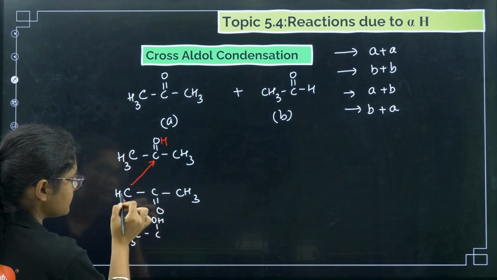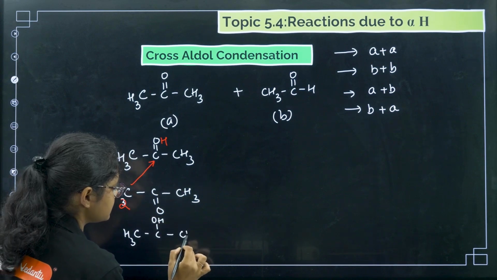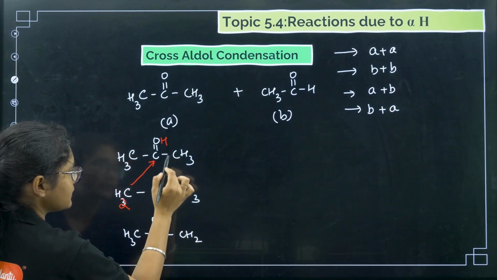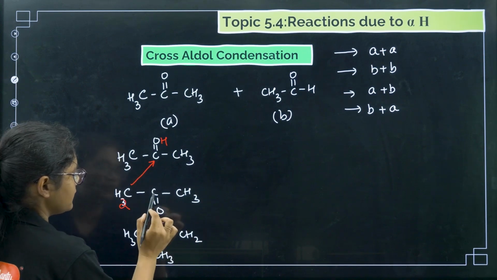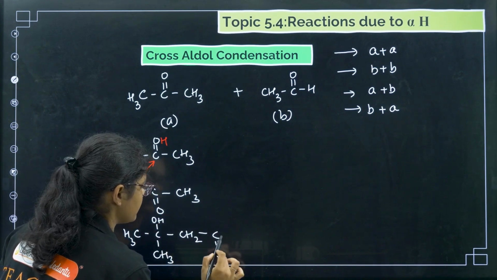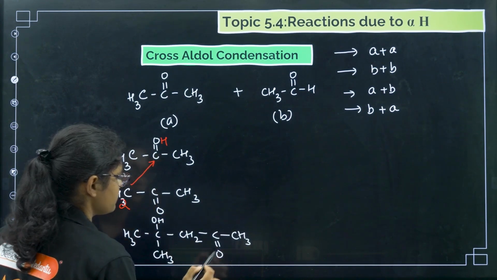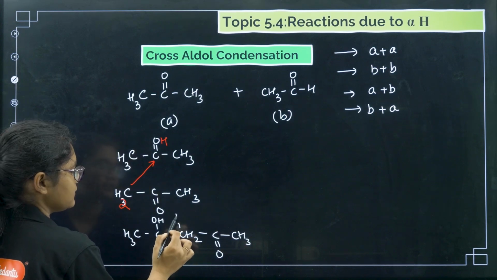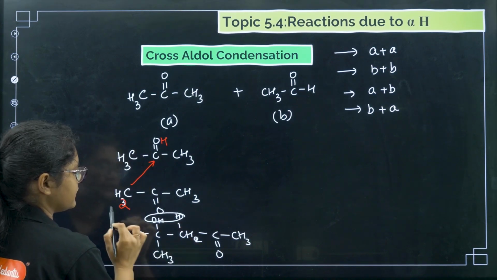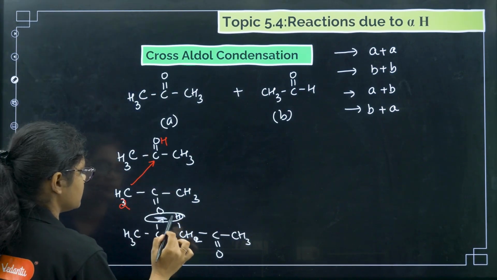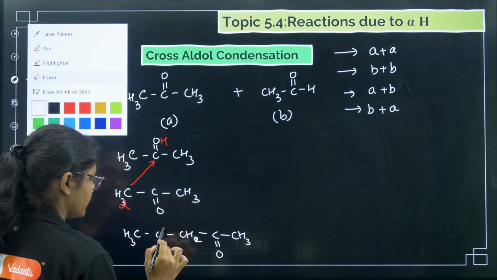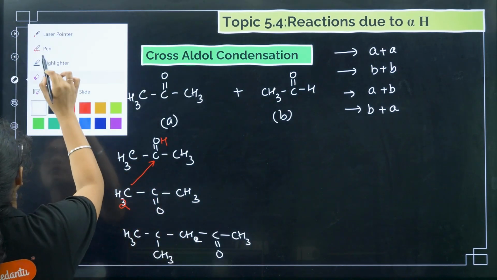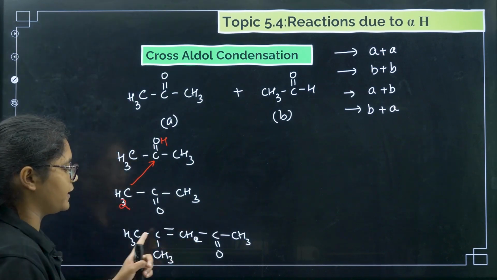Now this carbon is connected to this one, so here it is CH2 now. To this carbon another CH3 is there, so you should not forget that CH3. Then again C double bond O, and then CH3. Now there is one H here, so there will be dehydration, and I'll get a double bond here. This is the product for A plus A.